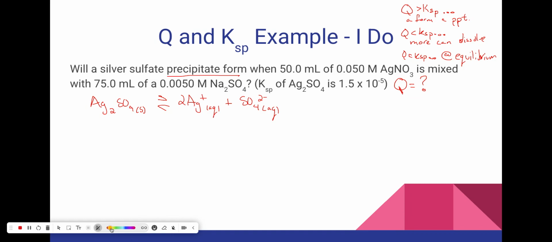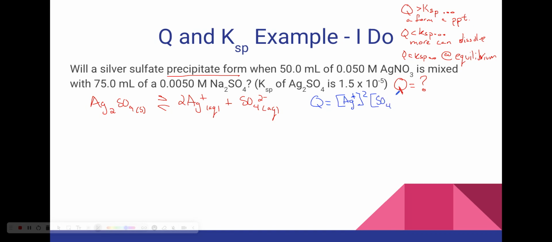And that means my value for Q is going to be my products. So silver ion 1 plus raised to its stoichiometric coefficient times the concentration of sulfate raised to its stoichiometric coefficient, which is a 1. So, of course, that's why we're not writing anything.